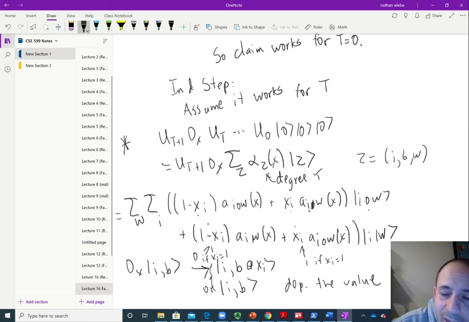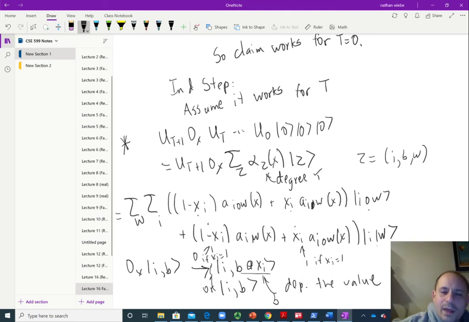Because we flipped a bit when x_i is equal to 1, we end up getting the coefficient that has the opposite value of b, because this gets mapped to not b. So good, that's what we end up having: this particular circuit.